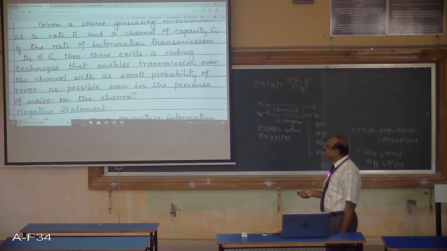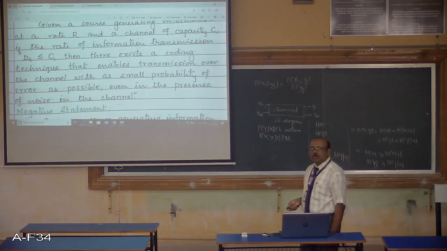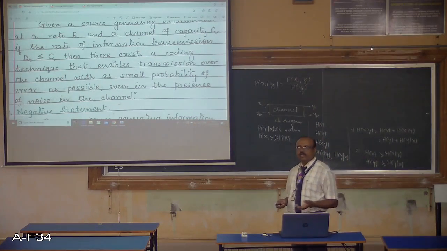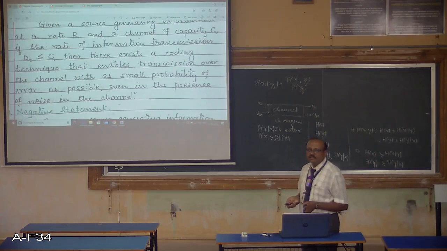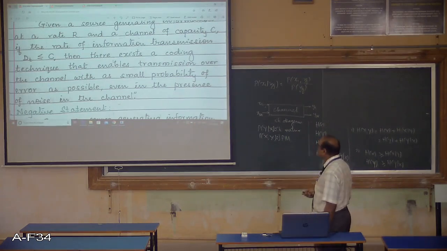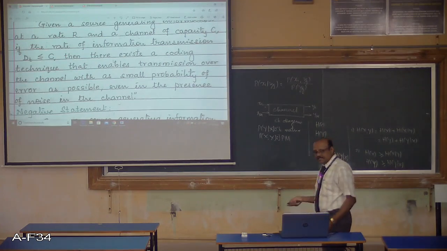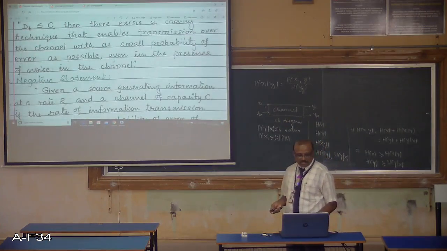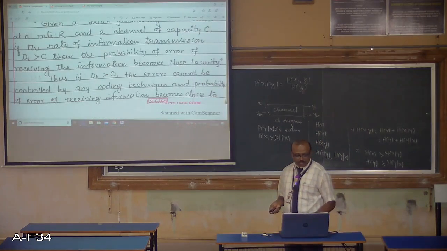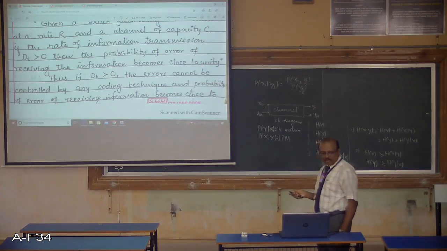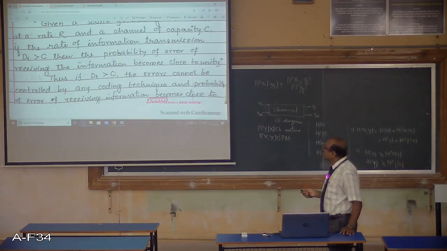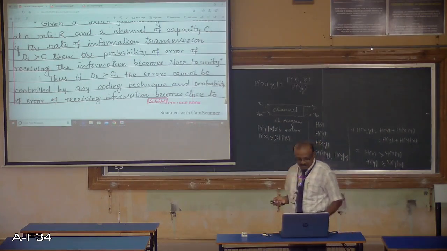If it exceeds this, then no channel encoding technique or method of correcting errors can recover the information. So the probability of error becomes close to unity. These are the two statements given by Shannon related to channel capacity, the positive statement and the negative statement.